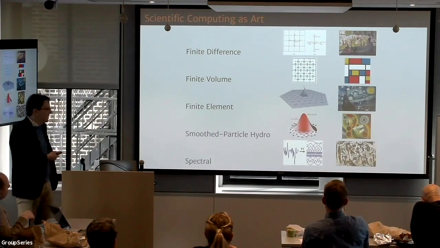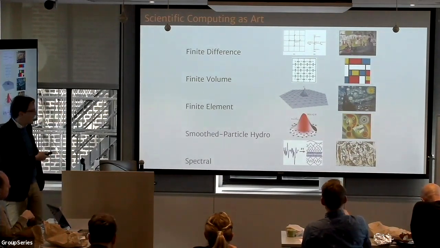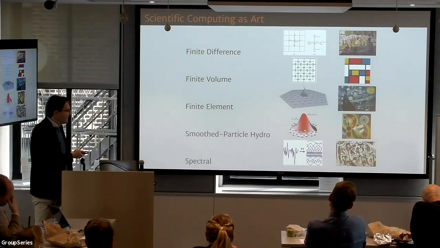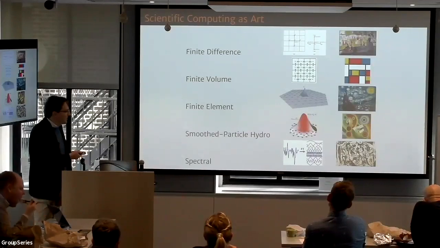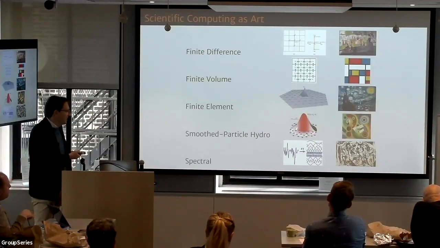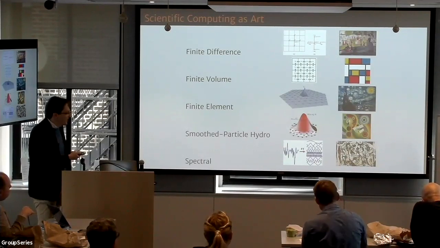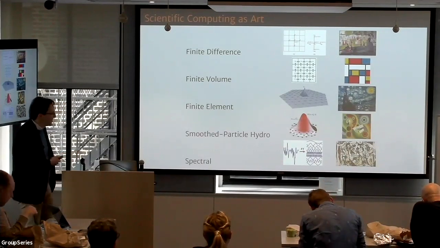You can have particle-based methods such as smooth particle hydrodynamics, where each particle has a kernel associated with it, which can be used to interpolate onto areas in your domain that do not have particles associated with them.